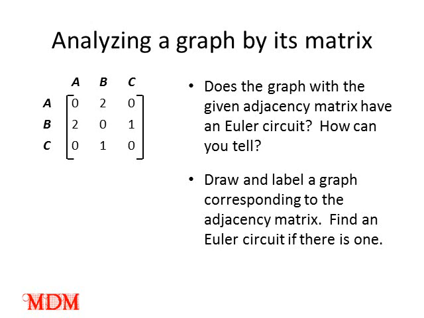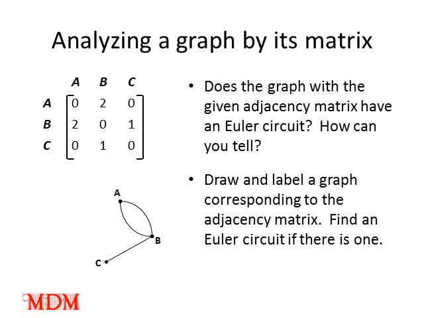Can we draw and label the graph? Well, we know that A and B are connected in 2 ways. A and C are not connected at all, and as we move down to row B, B and A are connected in 2 ways. We already have that. And B and C are connected in 1 way.